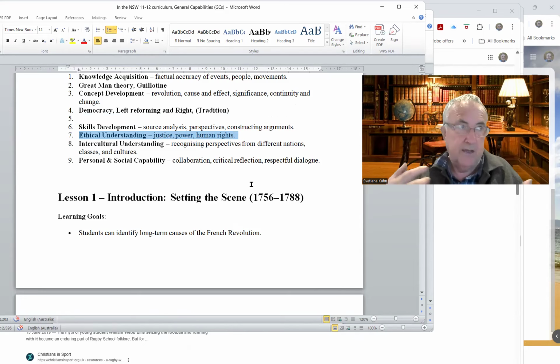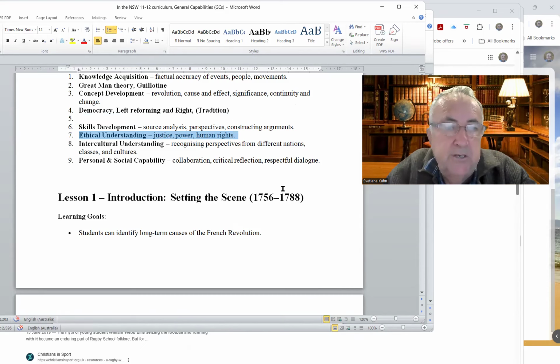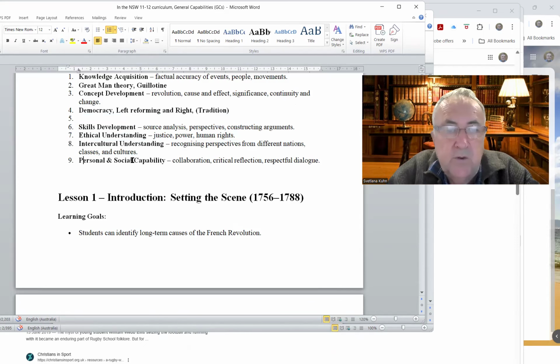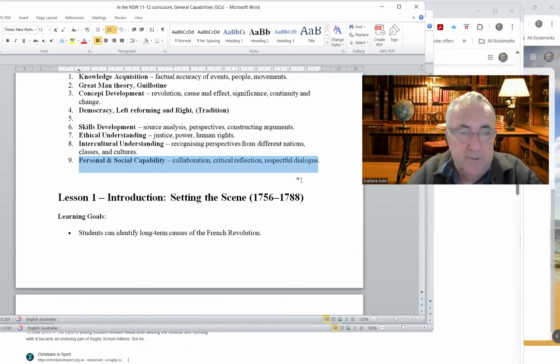And then for Christians, there are Christian perspectives on values, such as we mentioned in relation to the Ten Commandments and to Jesus' teaching on love, and to Paul's writings in the New Testament. Intercultural understandings, recognizing perspectives from different nations, hence the Roman games versus the Greek view of games. Personal and social capabilities include the encouragement of collaboration, critical reflection, respectful dialogue, which can take place.